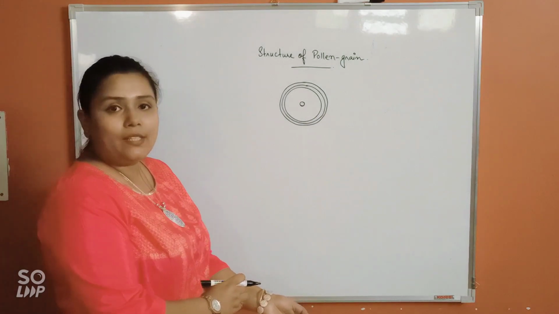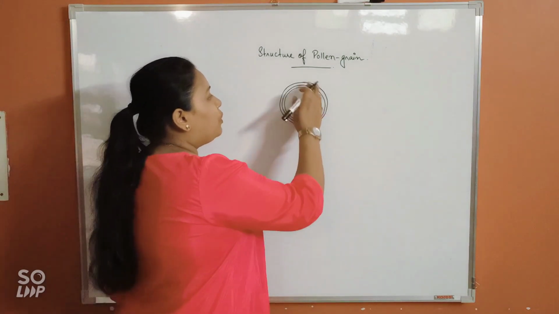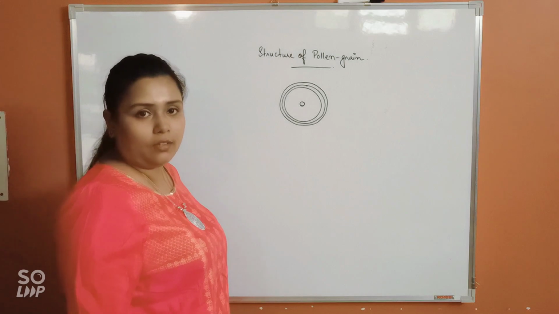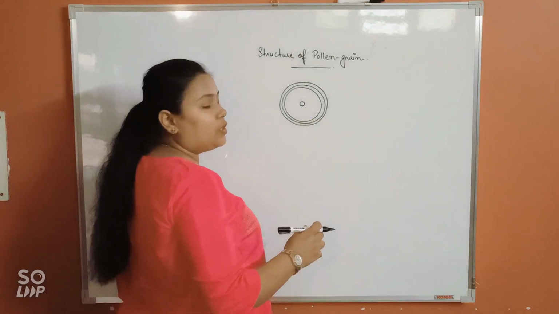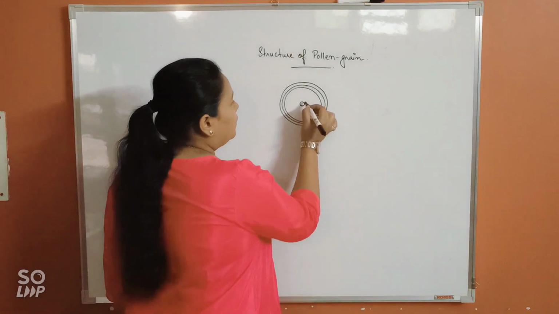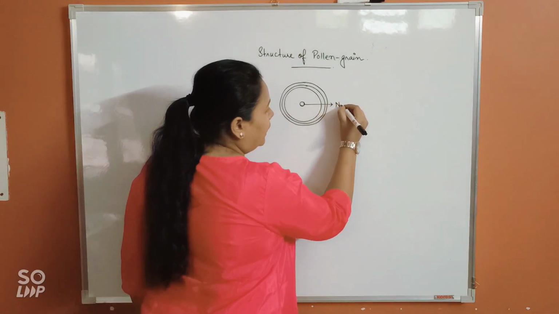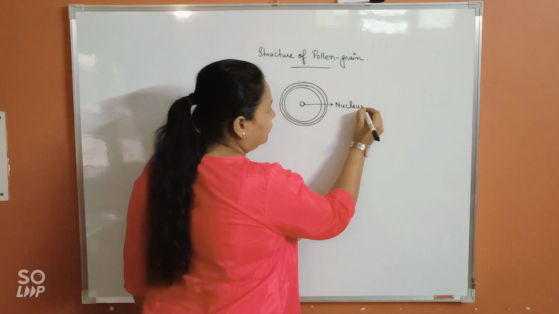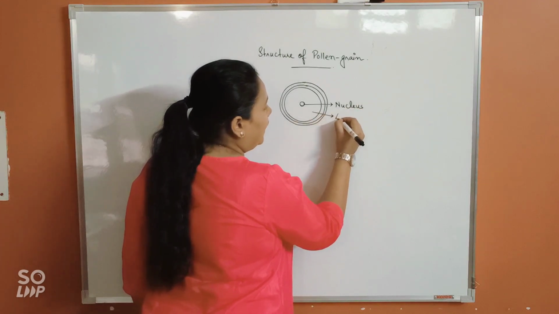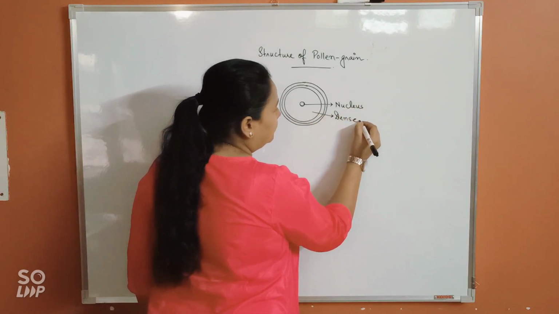It is going to have dense cytoplasm, and it is going to have a well developed cell wall. Alright. The cell wall is going to be bilayered. So this is the prominent nucleus. This is the dense cytoplasm.